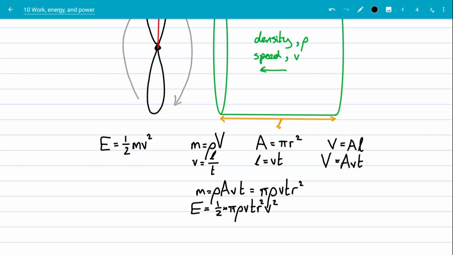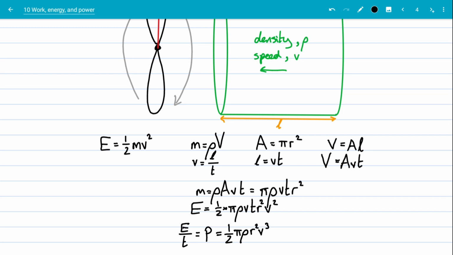Well, the v is appearing twice there, isn't it? We've got a v squared and then we've got another v. And if we divide through by t, so we end up with energy divided by time, that is the maximum power, equal to 1/2 times pi times rho times r squared times v cubed. There we go.